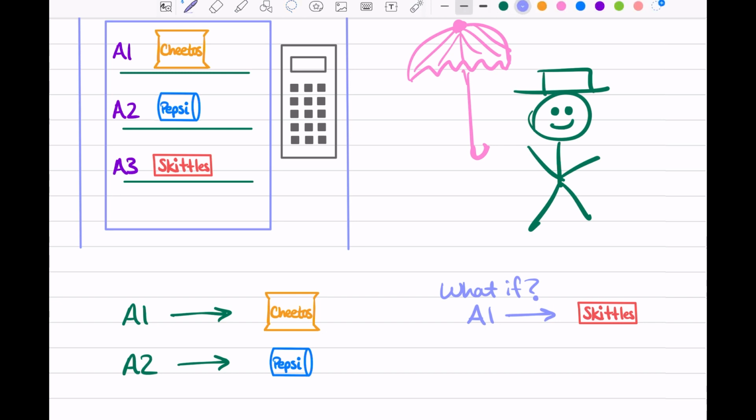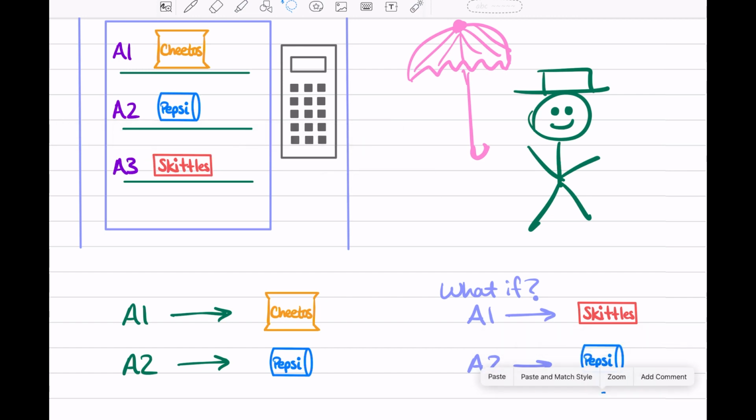Well, okay, maybe trying with the Pepsi will work out. You type in A2, and out pops your Pepsi. However, out pops some Skittles as well. You'd be like, what's with the Skittles? I just wanted Pepsi. This brings us to the idea of a function.